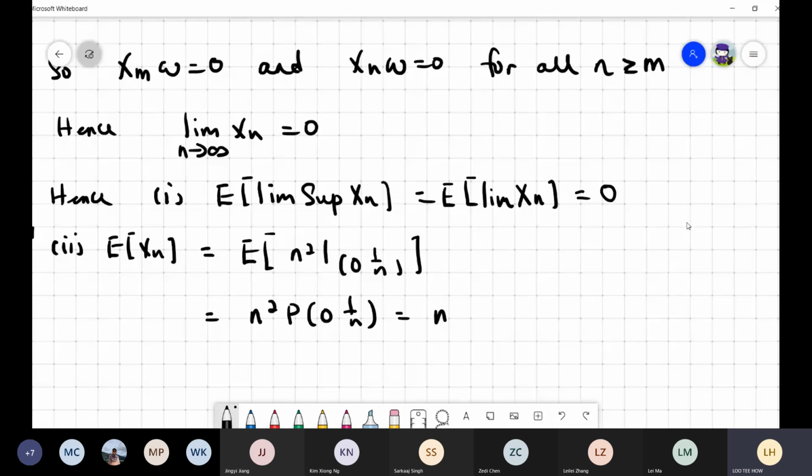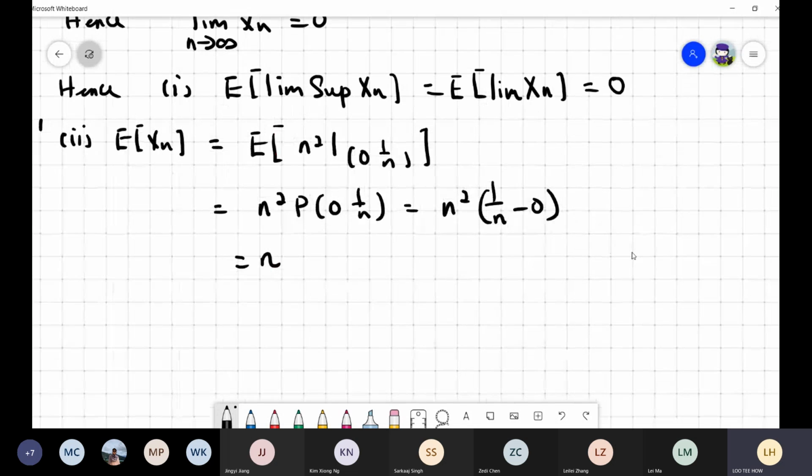So that is equal to n squared times 1 over n minus 0, which equals n. So then it's very clear that the limit supremum of E of Xn, as we take the limit, will be equal to infinity.